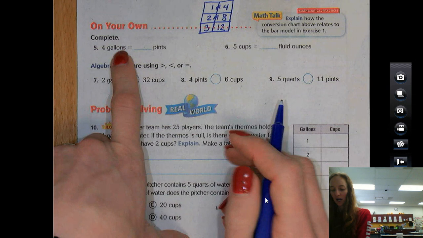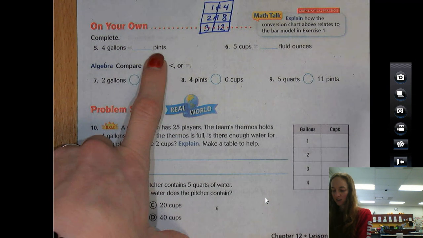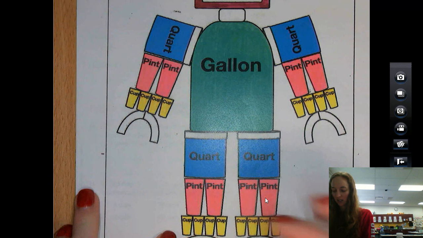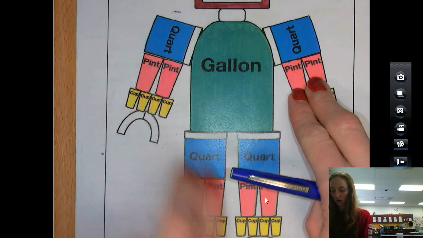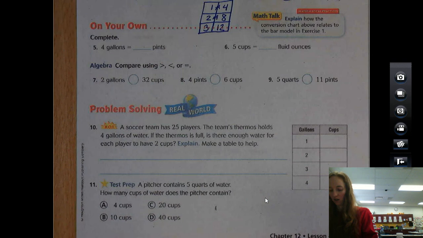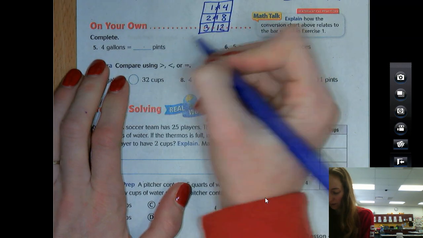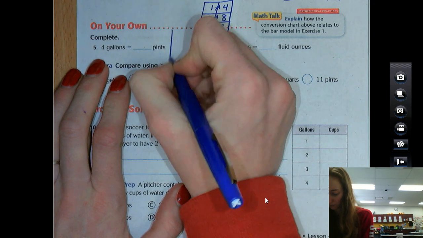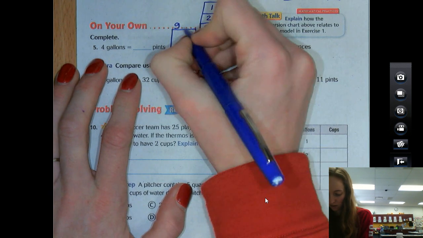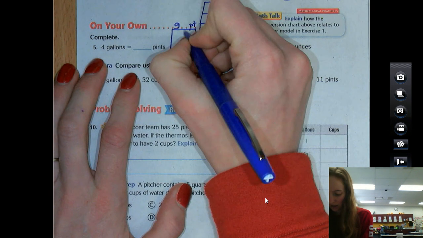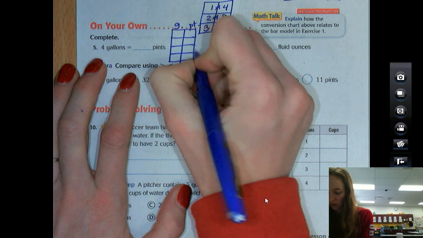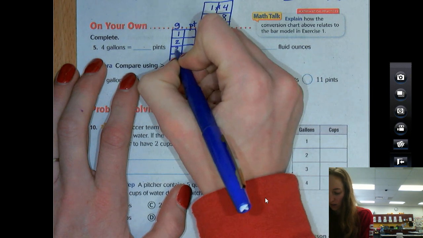Okay, 4 gallons equals how many pints? Okay, look at your Gallon Man. In 1 gallon, how many pints do I have? 2, 4, 6, 8. Okay, so I'll make my chart right here. 1 gallon, and this is going to be pints, right? 1 gallon, 2 gallons, 3 gallons, 4 gallons.